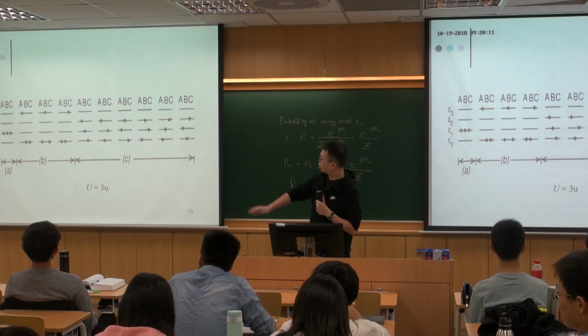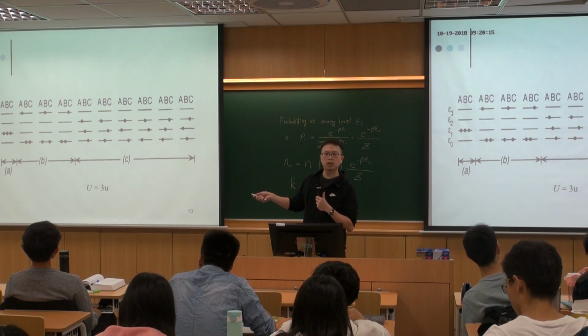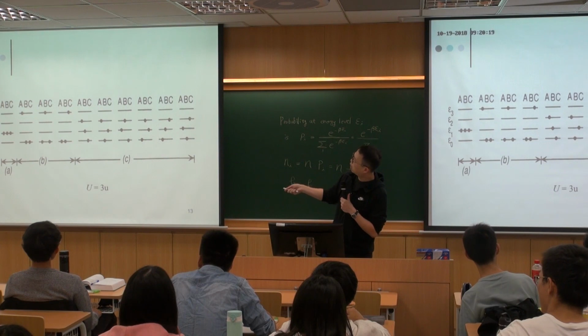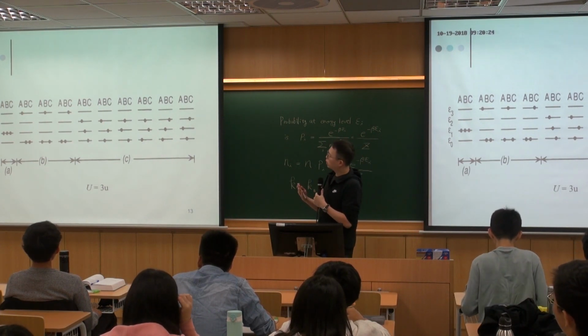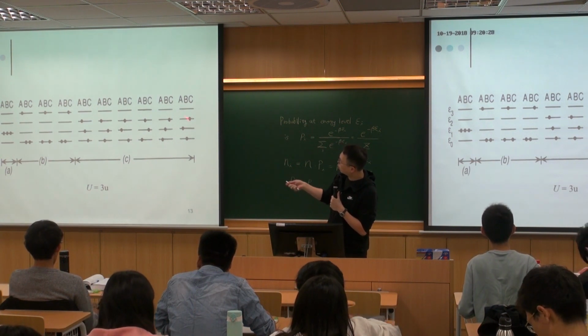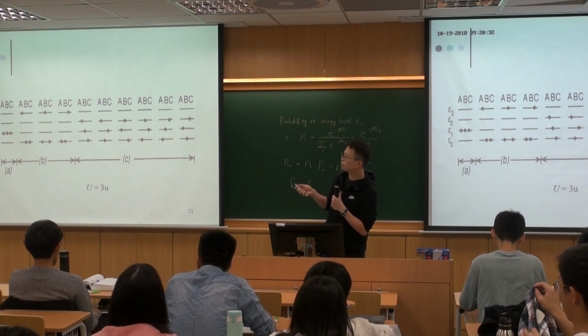Therefore, imagine that we have omega total, which counts all the possibilities. And now you have omega max, which represents this configuration. When the system size is becoming bigger and bigger, we know that you can approximate omega total as omega max.